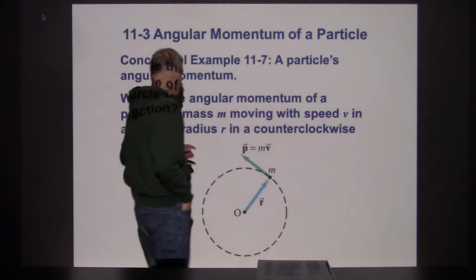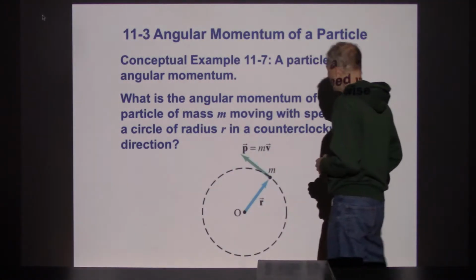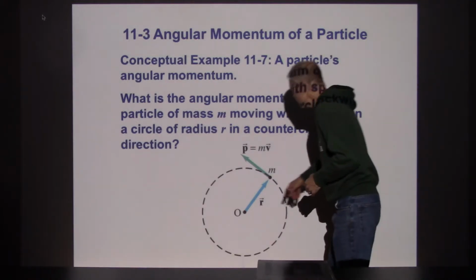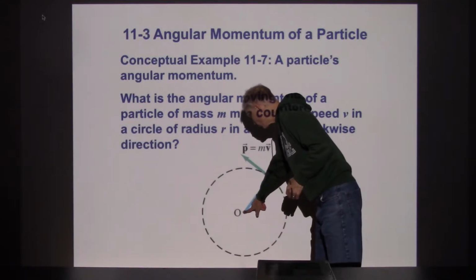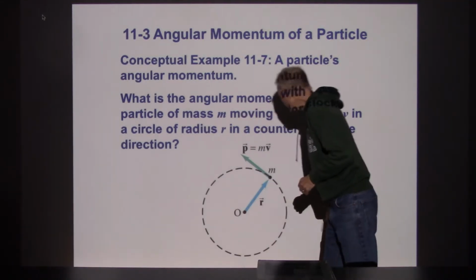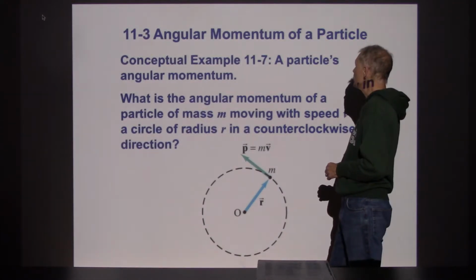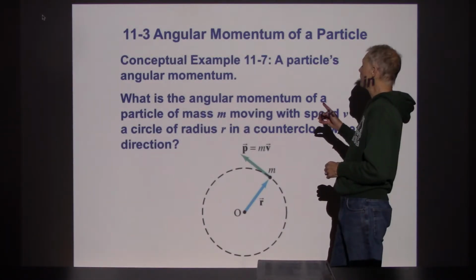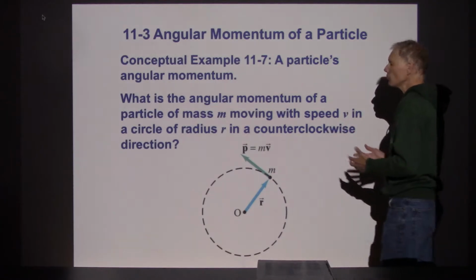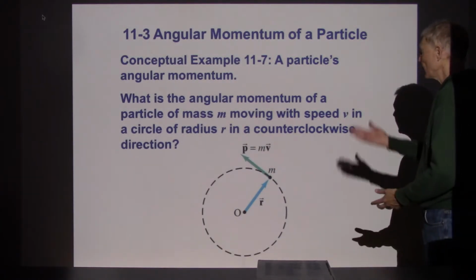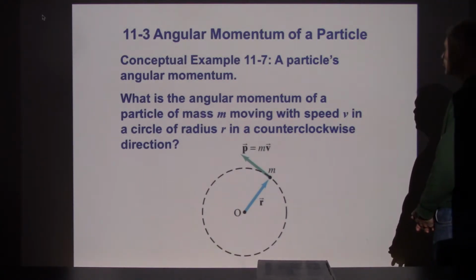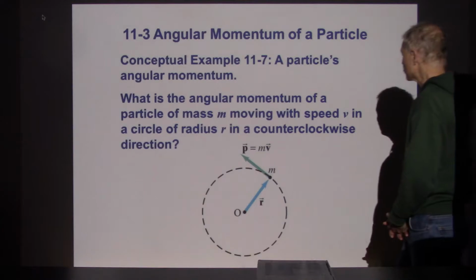And so here we go. This is one that we've seen examples like this before. Here is an origin. Here is some point around which we are going to do some measurements. What is the angular momentum of an object with mass m moving with speed v in a circle of radius r in a counterclockwise direction?